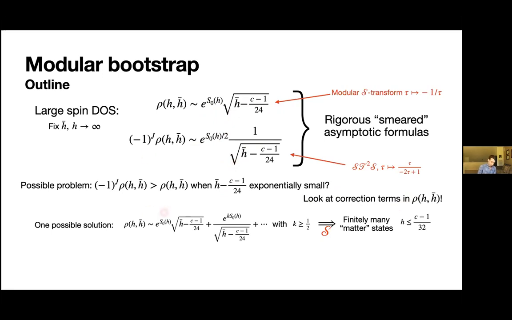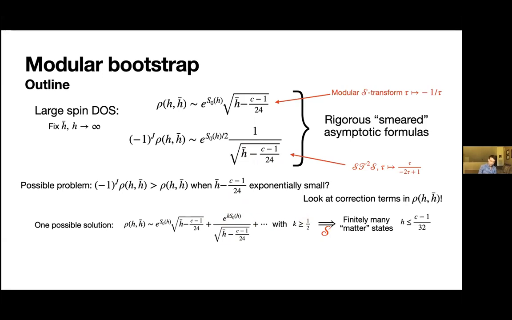So the solution suggested by Nathan and friends was that you should add another term that looks like this. It's got this 1 over square root density to rival this density, but it comes with some exponential growth with a coefficient that's at least as big as a half.